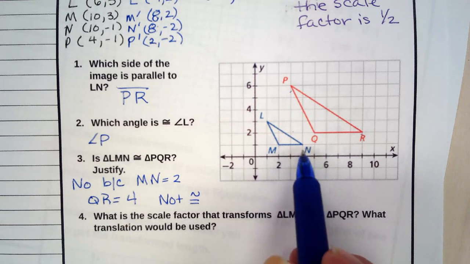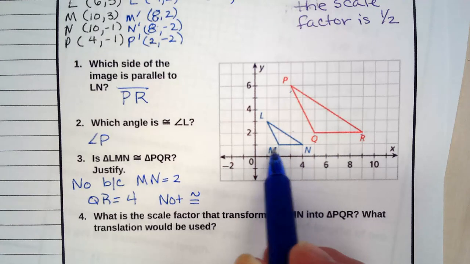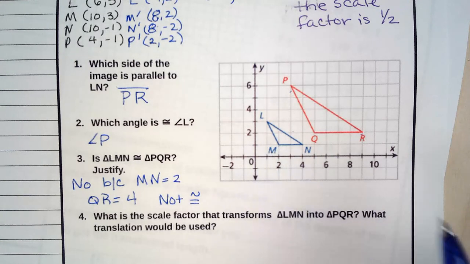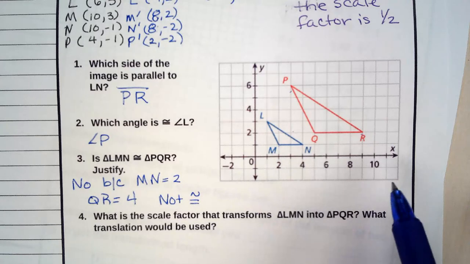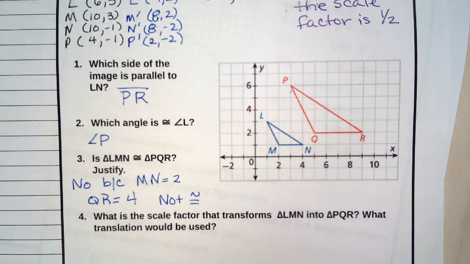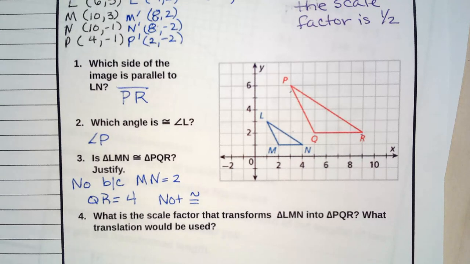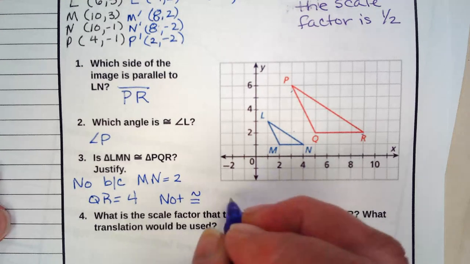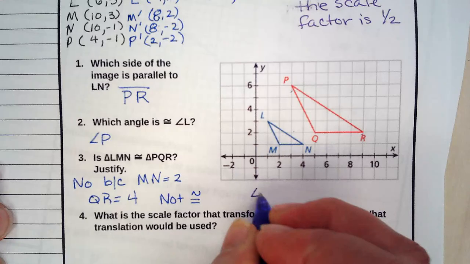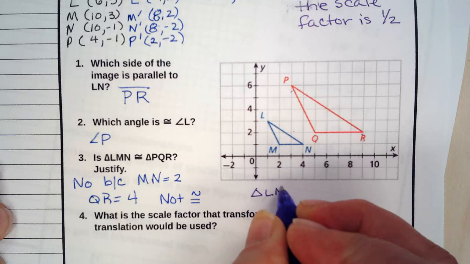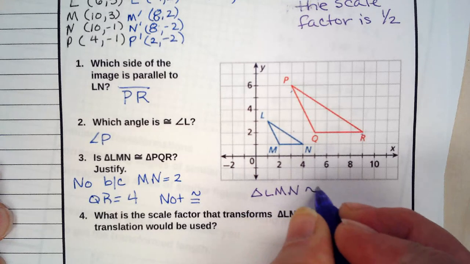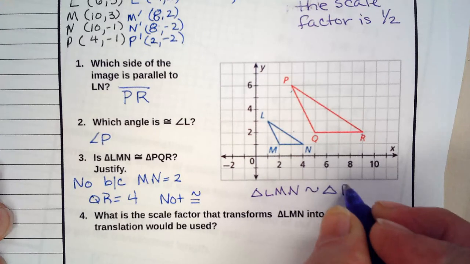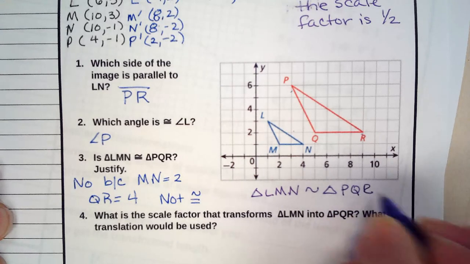And this is over 3 and up 3. So as you can see, they are in the same proportion. And we can state that triangle LMN is similar to triangle PQR.